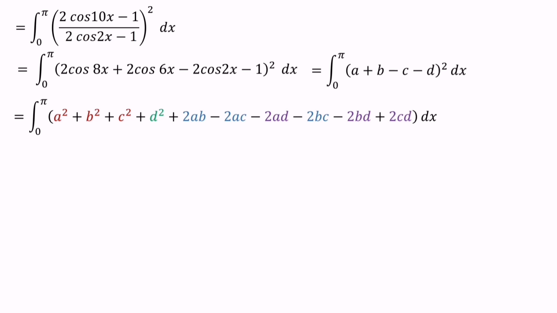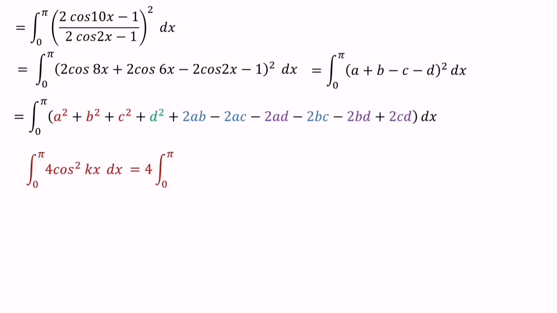A squared equals 4 cos squared 8x, B squared equals 4 cos squared 6x, C squared equals 4 cos squared 2x. So, if we can find the value of the integral from 0 to pi of 4 cos squared kx, then we can find the value of A squared, B squared and C squared. In this integral, k is an integer. 4 is a constant, so we can bring 4 outside of the integral.